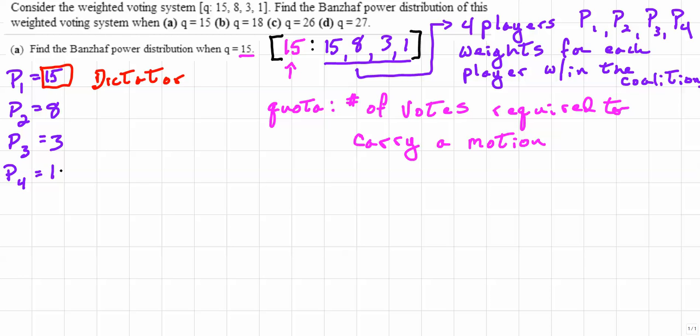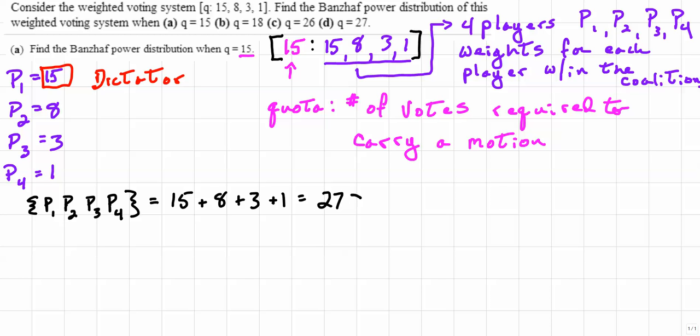If we list all 4 of these players together, player 1, player 2, player 3, and player 4, this will be a winning coalition because we add the weights together, and we get a value that is most definitely greater than or equal to our quota of 15. So this is a winning coalition.